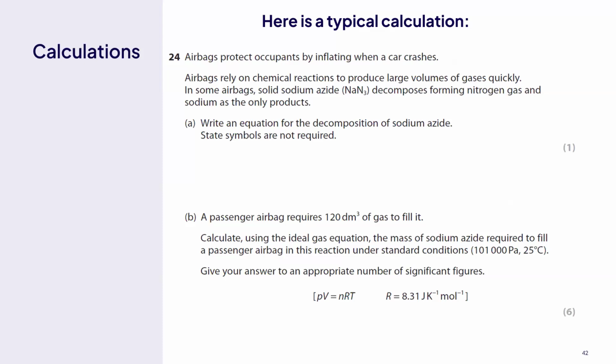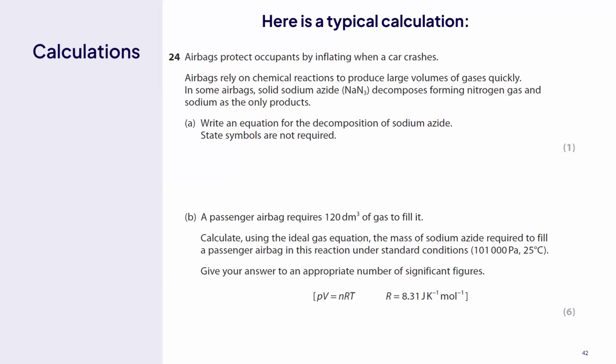There is a typical calculation. They were asked to write an equation for the decomposition of sodium azide, and then they were asked to use the equation they've written to calculate, using the ideal gas equation, the mass of sodium azide required to fill a passenger airbag under standard conditions.